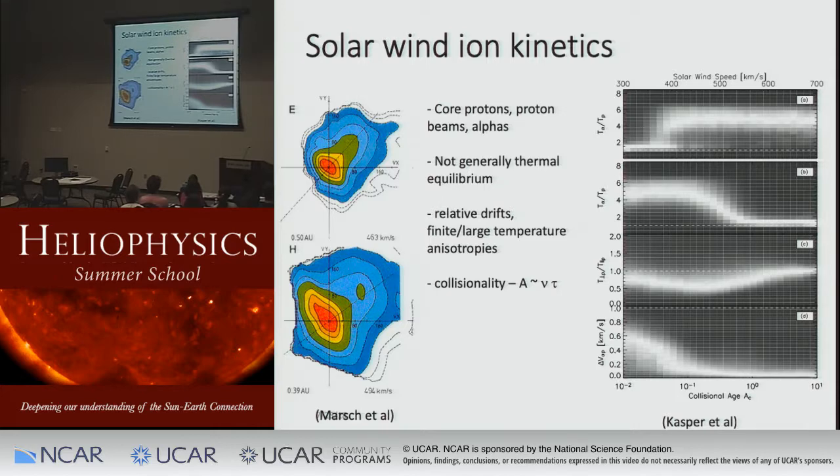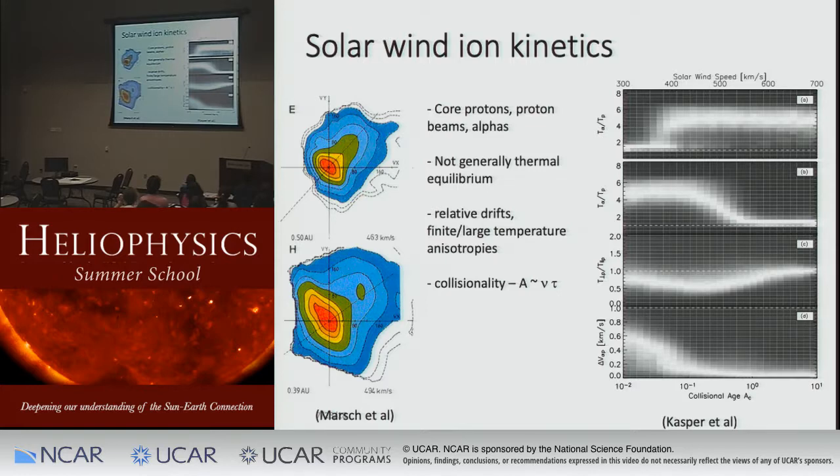If you look first at the top panel, this is the ratio of the total temperature of the alpha particles to the total proton temperature. So that's a measurement of the thermal width of this peak to the thermal width of that peak. And on the top panel only, this axis is the solar wind speed.